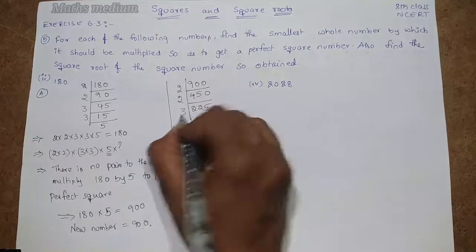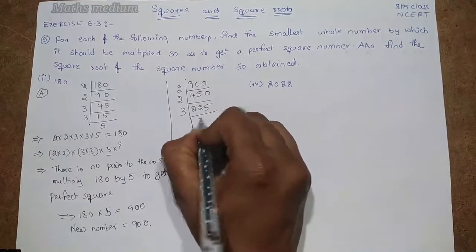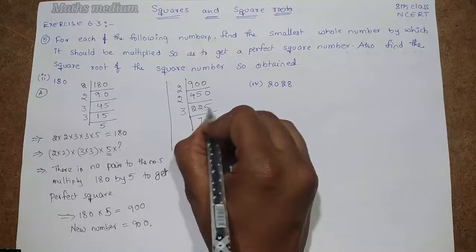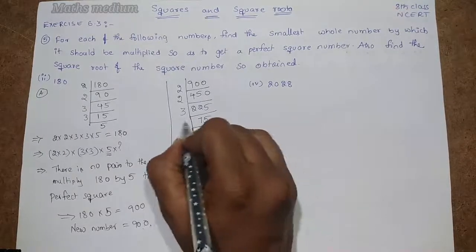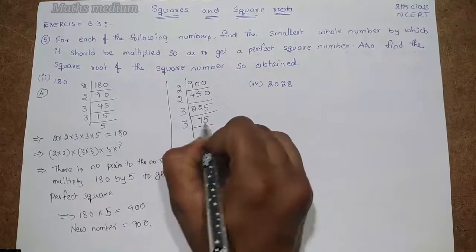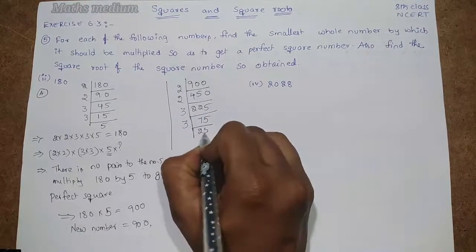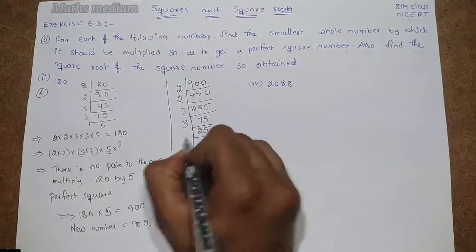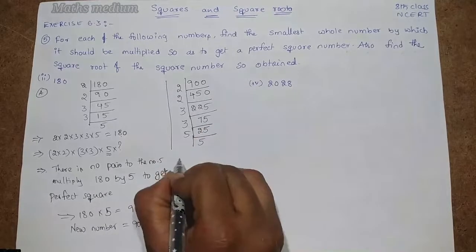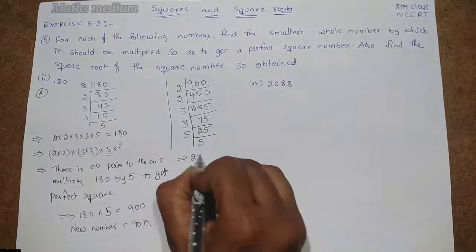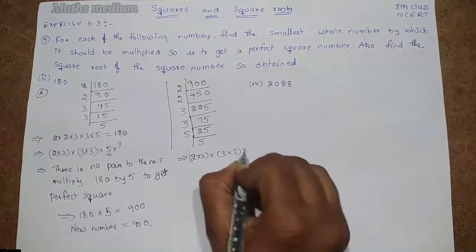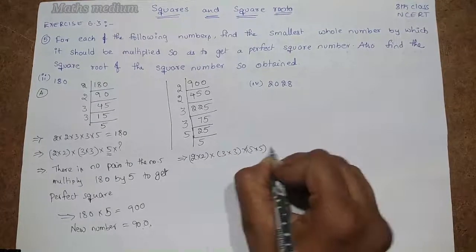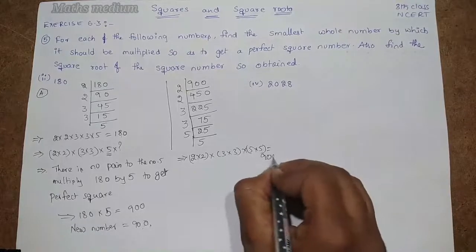Now use 3. 3 threes are 9, 3 fives are 15. Now use 3 again. 3 twos are 6, 3 fives are 15, and 5 fives are 25. Now the prime factorization: 2 into 2 into 3 into 3 into 5 into 5 is equal to 900.